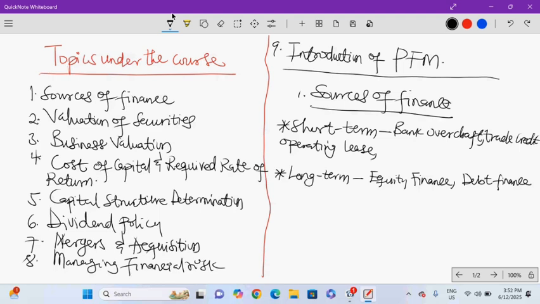Instead of chasing their customers for the debt, they engage third parties to do that on their behalf.